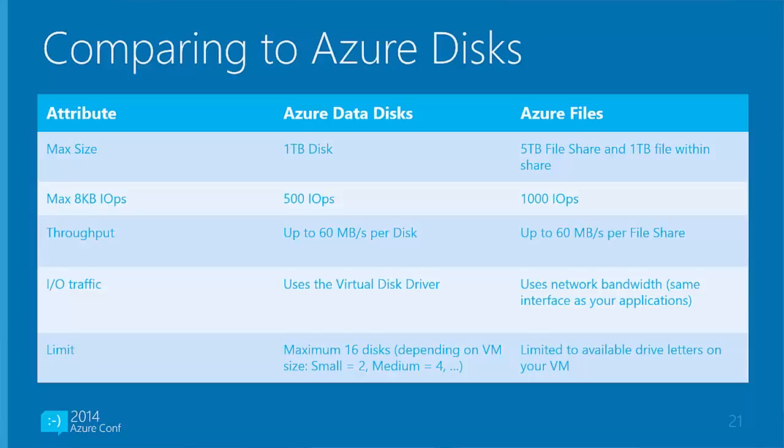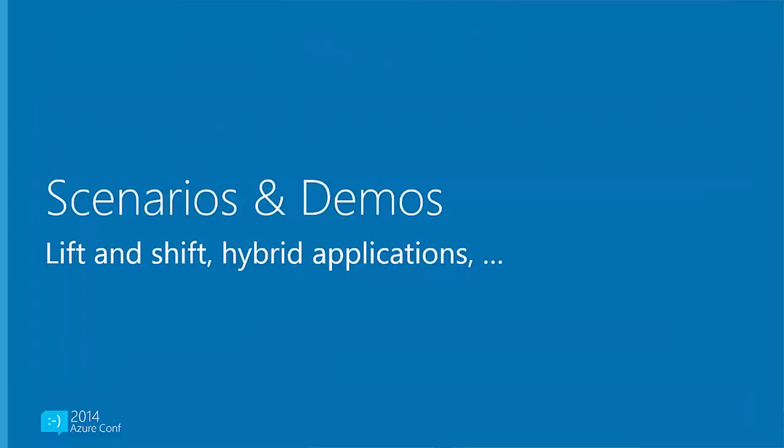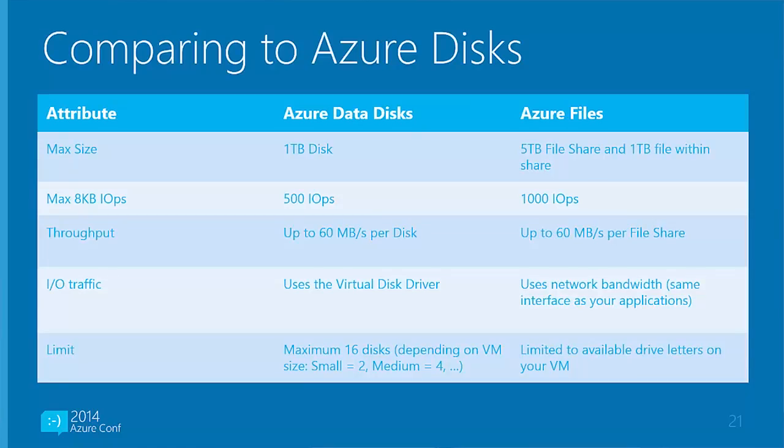While for Azure Files, you're actually limited to the available drive letters on your VM. So this actually means that if you need more storage without wanting to upgrade the size of your VM, Azure Files could be a better scenario for you.